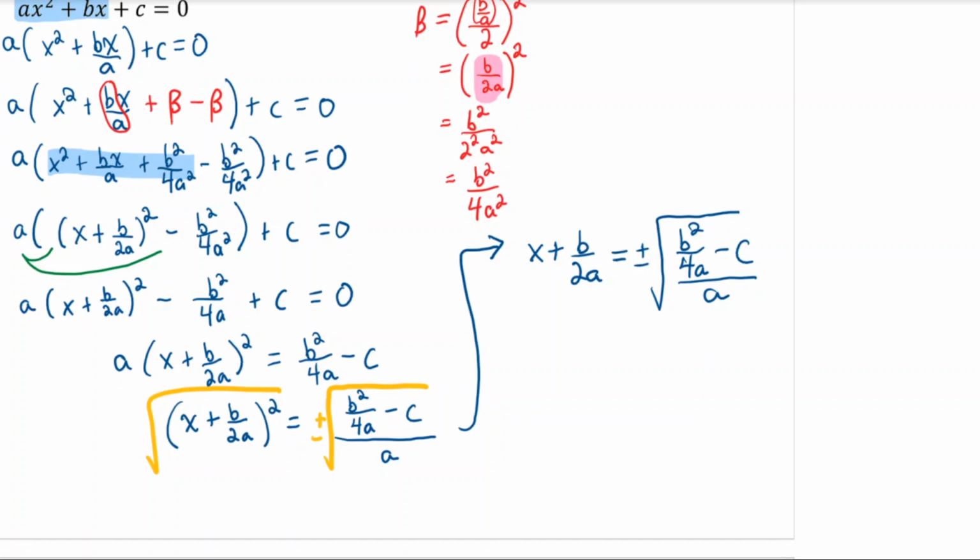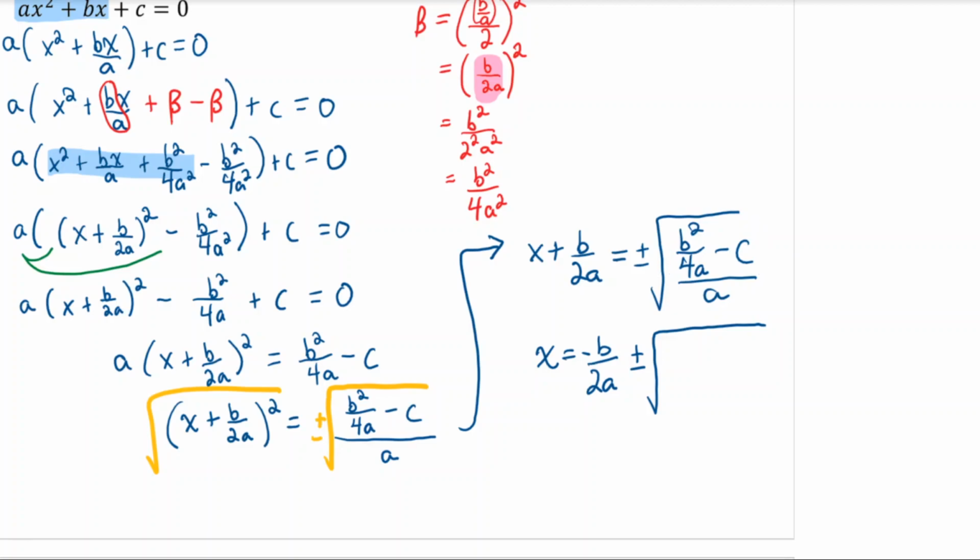Let's do something here to allow us to continue to simplify. We are going to bring this to the other side, and we have this. Now inside the bracket, let's find a common denominator for this top term here.